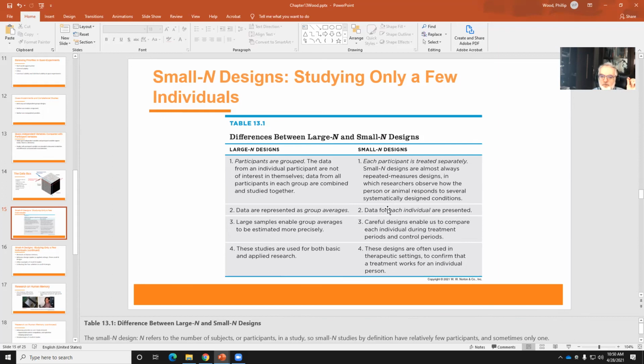I disagree with her. Sometimes if you have a small N design, you do summarize them a bit, but you often can talk about each individual. And if you have a design where you're looking at how a person is functioning during treatment, you can look at those periods when they have treatment and those periods when they don't have treatment.